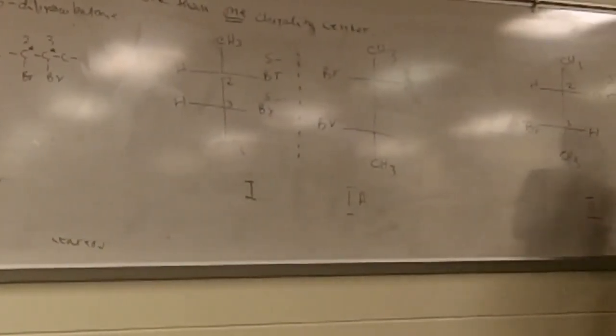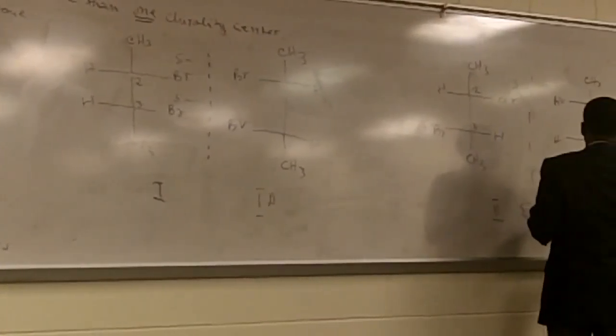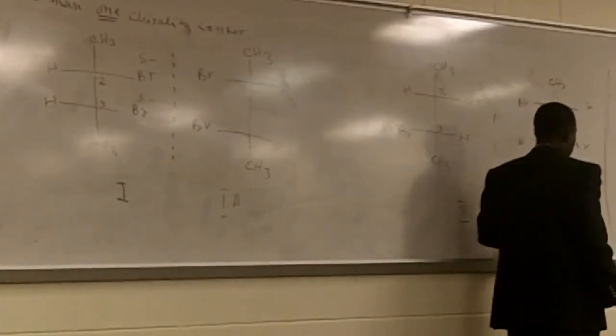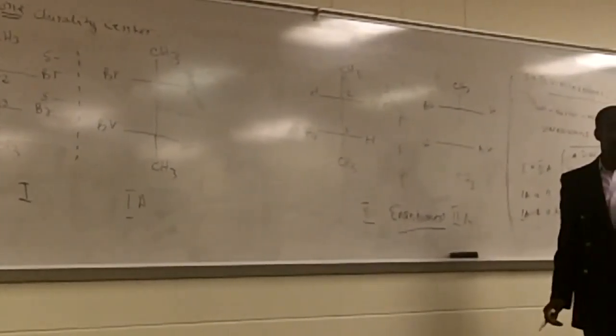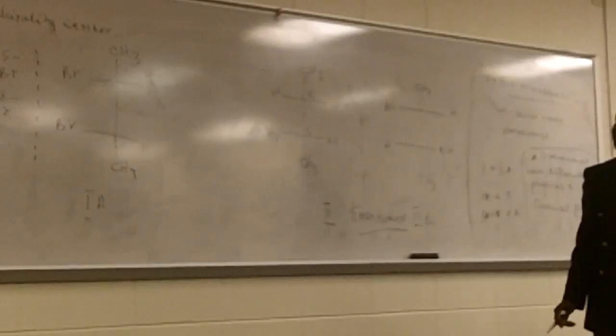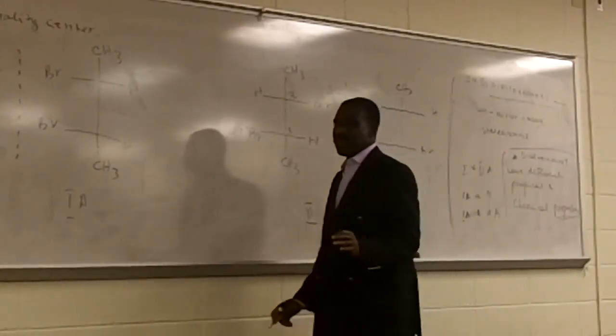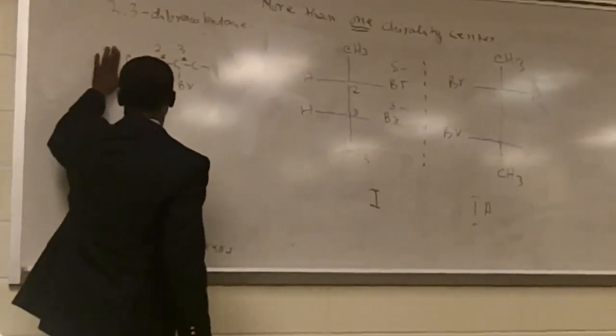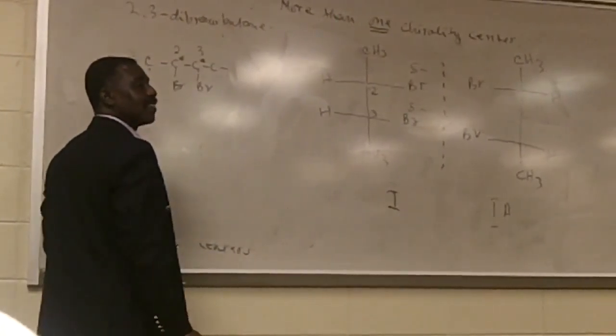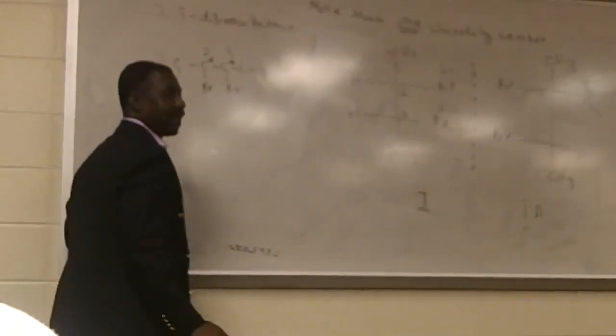Like I said, if you're using anything, then just put another page and look at it. But here I'm cheating a little bit. I'm doing 2,3-dibromo what? Butane. 2,3-dibromobutane also has 2 chirality centers, carbon 2 and 3, and they are chiral.